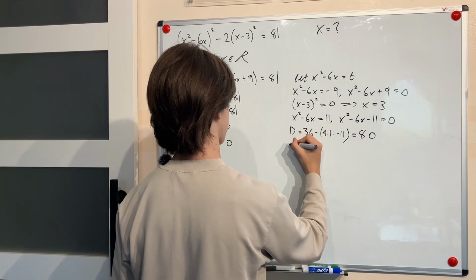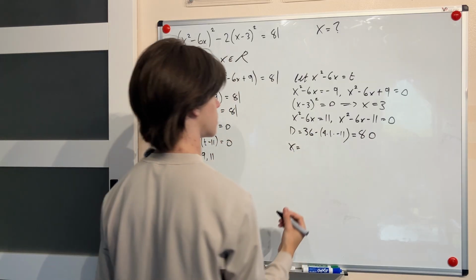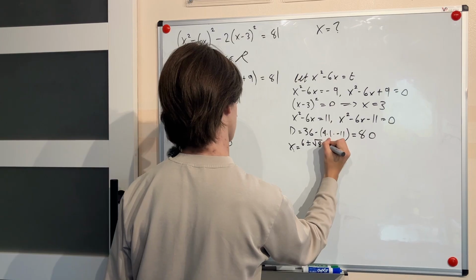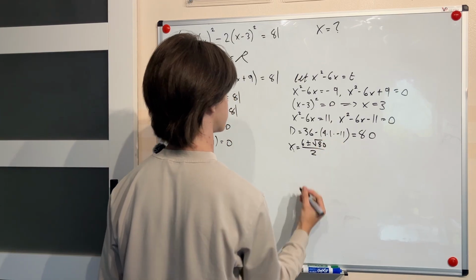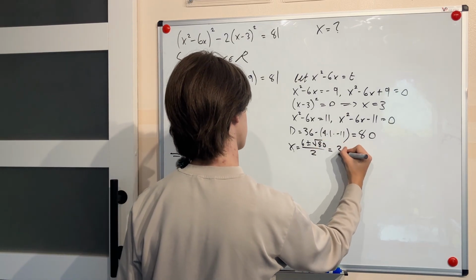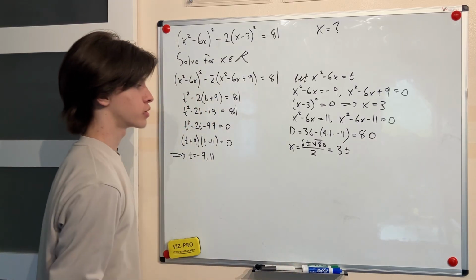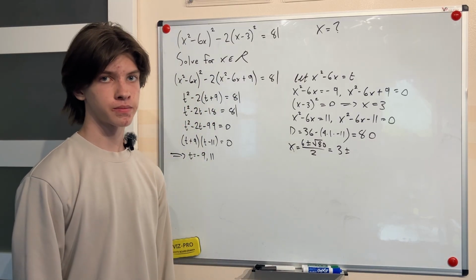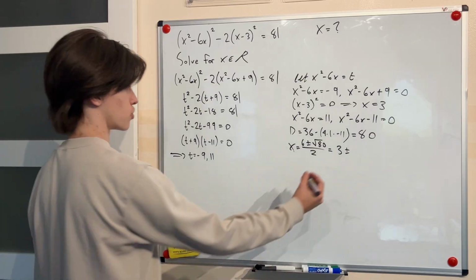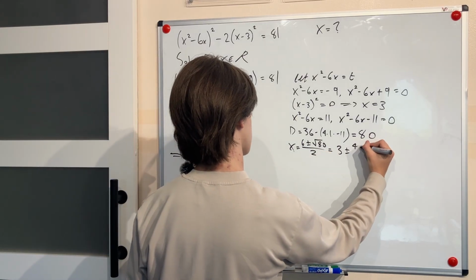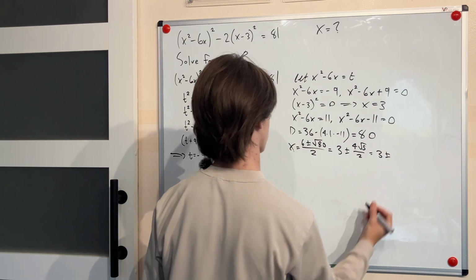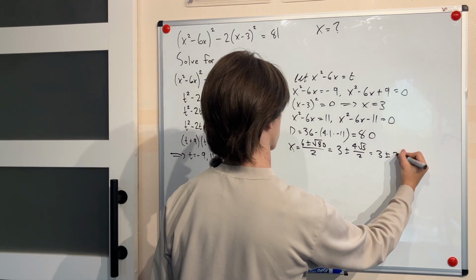And that means our x's are going to be minus b plus or minus the square root of the discriminant over 2a, which is (6 plus or minus root 80) over 2, that is, 3 plus or minus root 80 over 2. Recall root 80 is just root of 16 times 5. Root of 16 is 4, so 4 root 5 over 2, which is just 2 root 5.